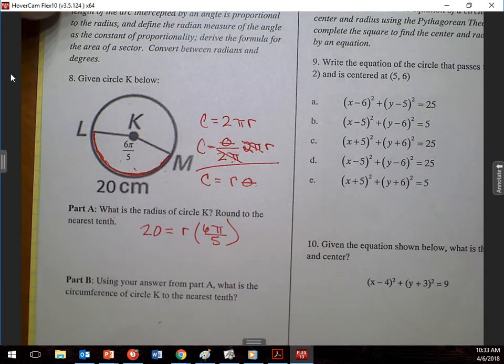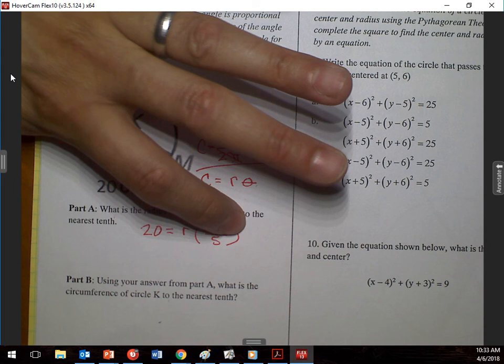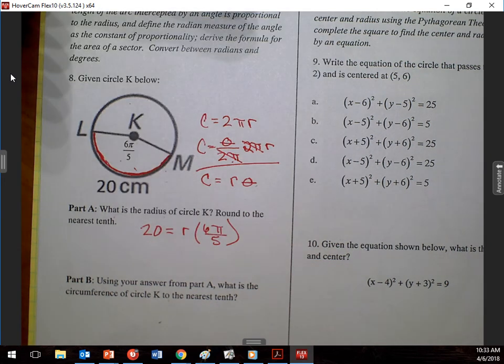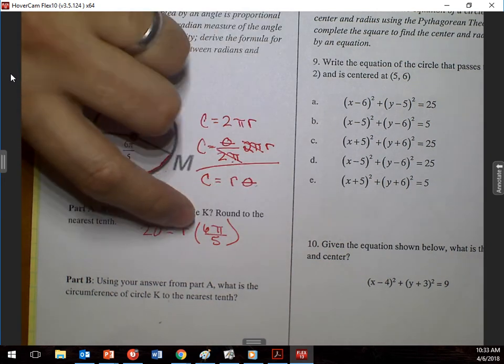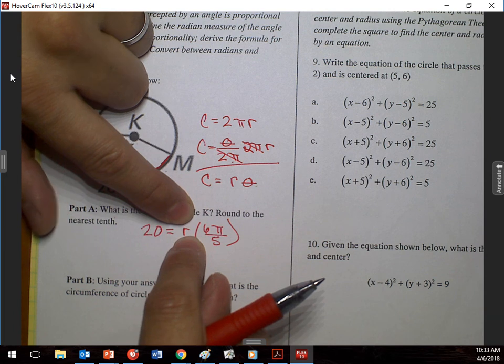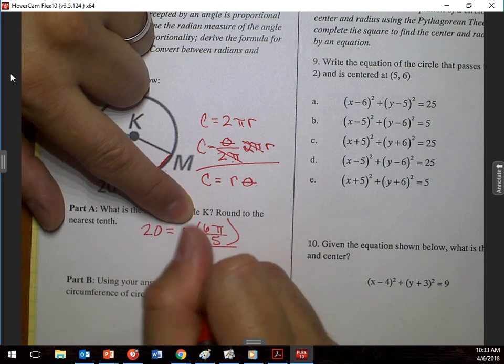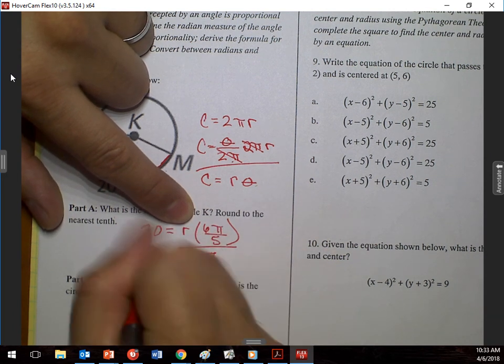Am I trying to get r by itself? Yeah. So what would I do to get rid of this? I would divide both sides, because this is already multiplication. So divide both sides by 6 pi over 5.